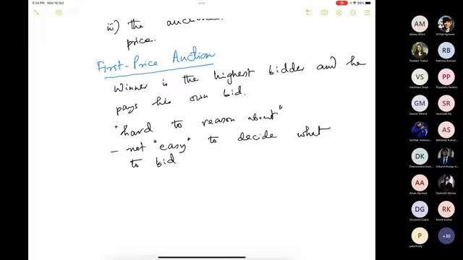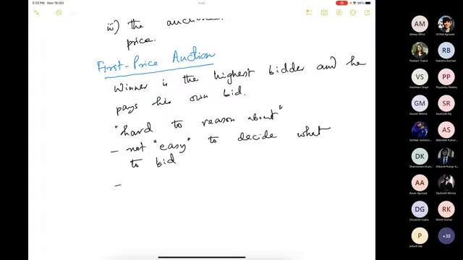Okay. Now, if the potential buyers cannot decide what to bid, then think of the auctioneer or the player who is selling the item. Even if he knows the valuations of all the players in a hypothetical scenario, in actuality the valuation is private information to the player only.